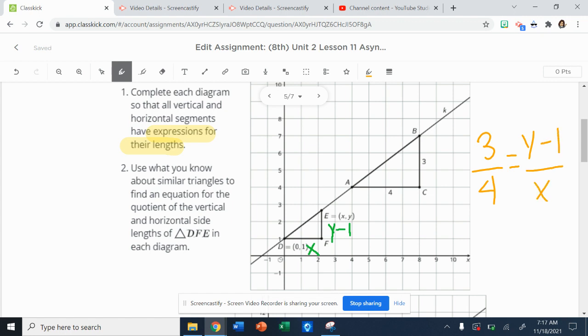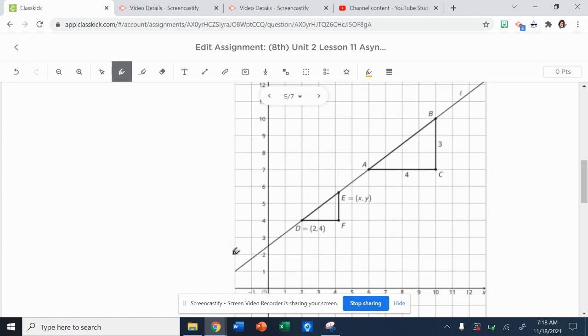Because we don't know what the x and y are, but we know that the y coordinate minus 1 is the vertical distance, and that the x coordinate is the horizontal distance. And so we know that y minus 1 over x is going to be equal to the quotient of the vertical divided by the horizontal in triangle ABC. And I just started question 2, that's using what we know about similar triangles to find an equation for the quotient of the vertical and horizontal side lengths of DFE.